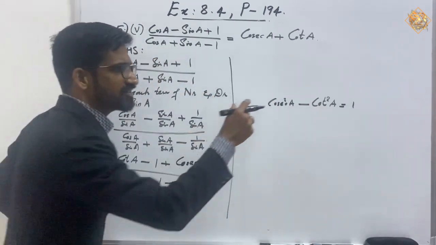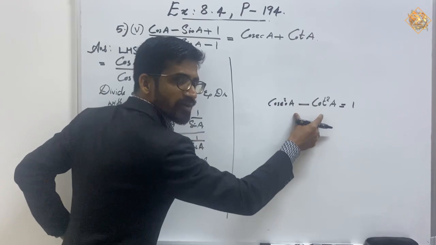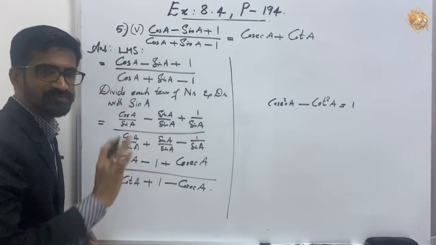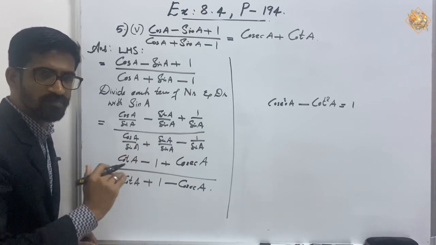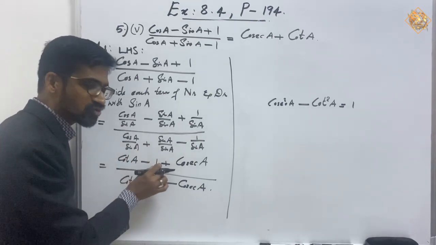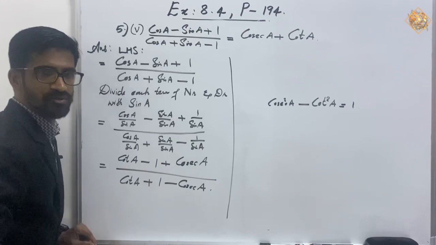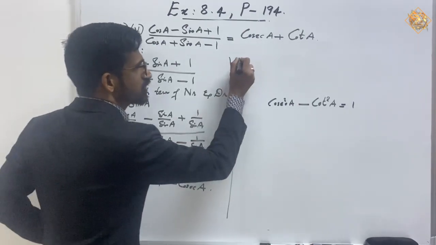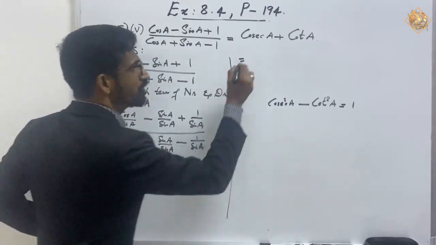Either in the numerator or denominator we will substitute at any one place, not in both places. You can substitute over here or in the denominator also. So now I am substituting in the numerator. So that's equal to cot A.